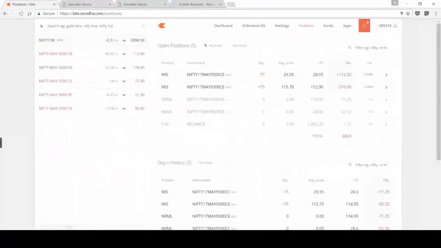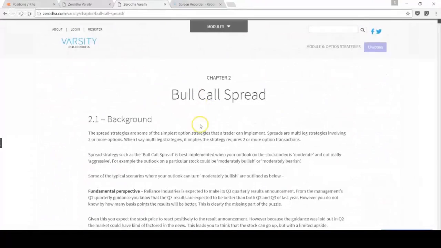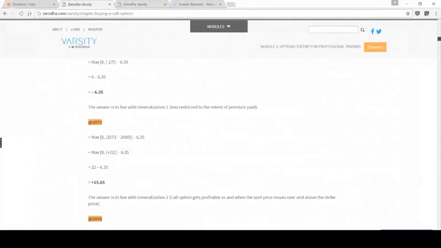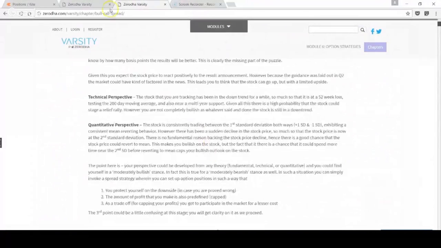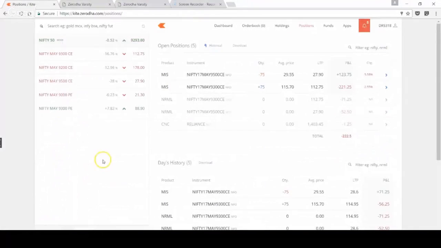Now, this is the most important thing. I get a lot of queries on Varsity on the options module and the strategies module. One of the most common questions that gets repeatedly asked is, can I buy options intraday? Or is it mandatory that I need to hold on to this till expiry? So guys, you can buy the option intraday, and you don't need to hold this to expiry, right?